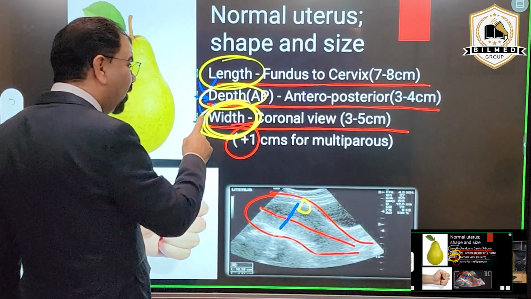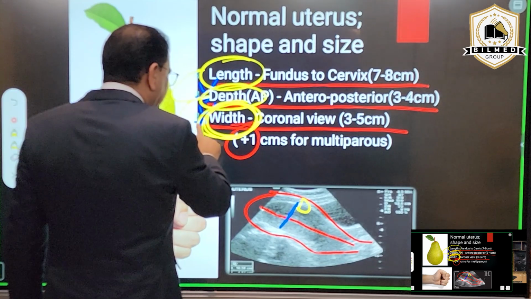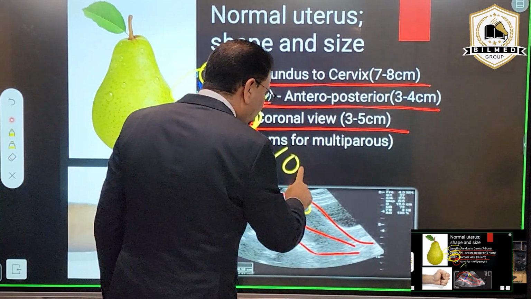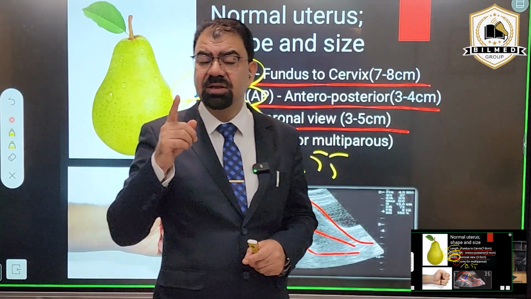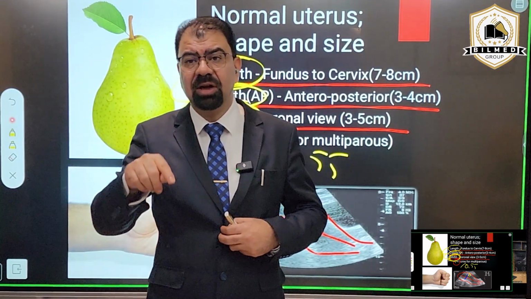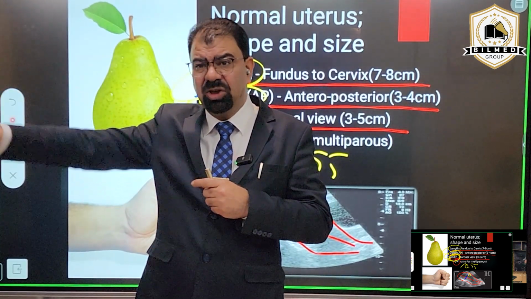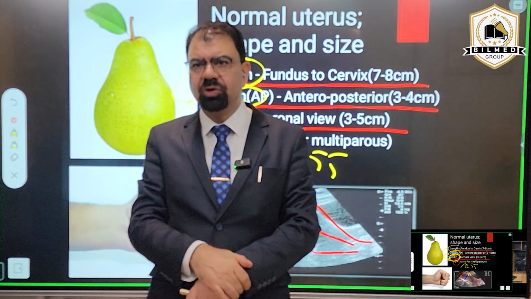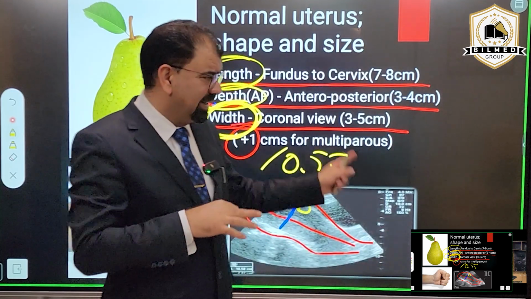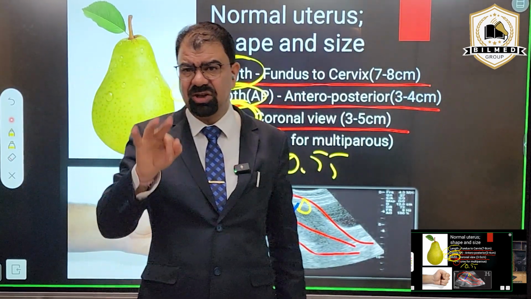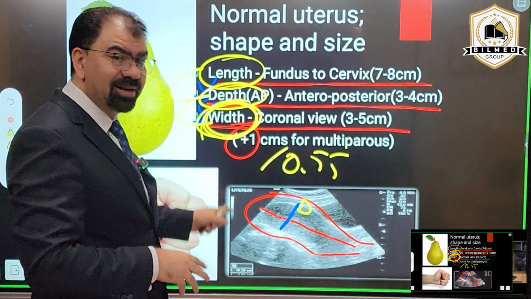What is the formula to calculate the volume? Length into depth into width, multiplied by 0.5. But we do not have to do that; the machine does it. If you give the wrong measurement to the machine, it will give you the wrong volume, and you then take that volume as the actual volume, which it is not. For volume also, I have to take three measurements, and these are possible in two sections, one transverse, one longitudinal. So know why to take them.